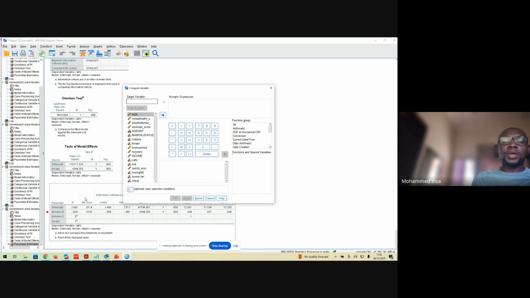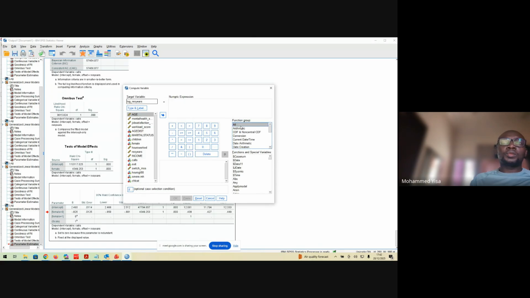Again, if this were R it would just take that and do it automatically. So this resident years variable, I'm just going to give it a name to say resident years variable.